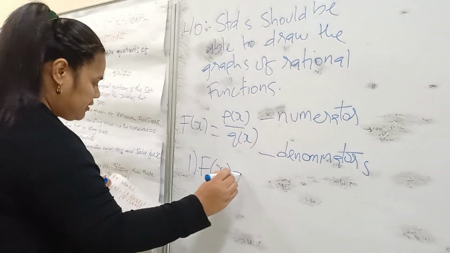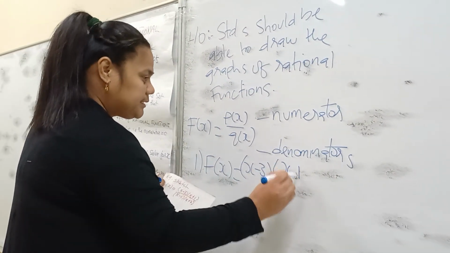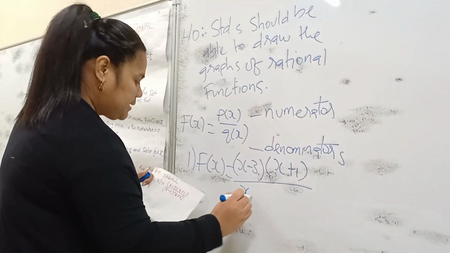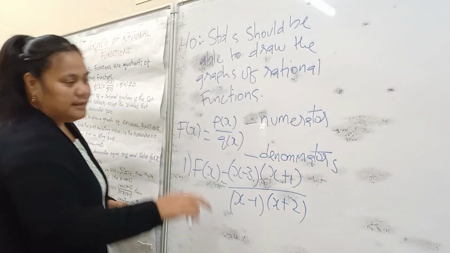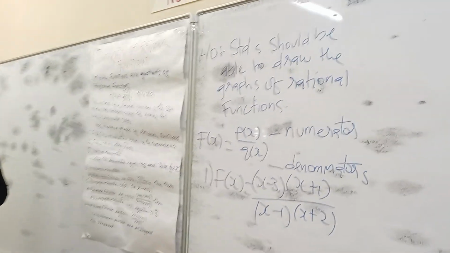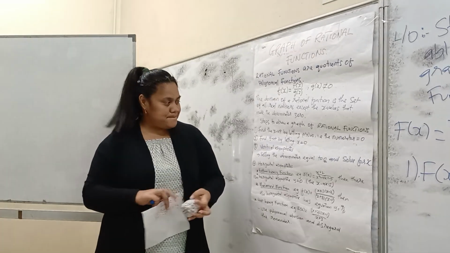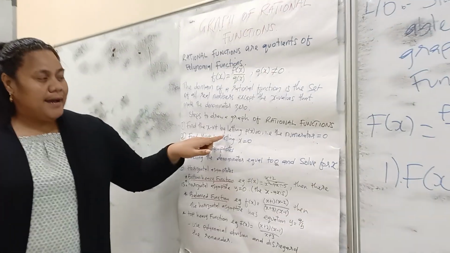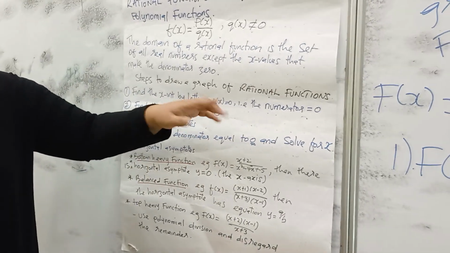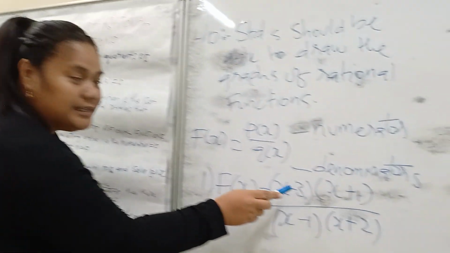Let's sketch the graph of (x minus 3)(x plus 1) over (x minus 1)(x plus 2). This is an example of a rational function. The first step, finding the x-intercept by making the numerator equal to 0. For example, this one is the numerator.